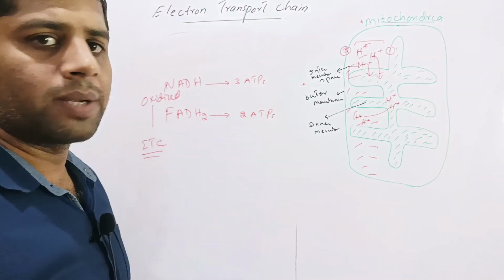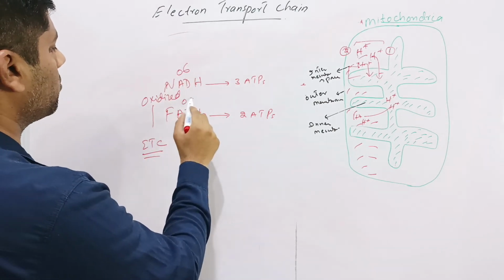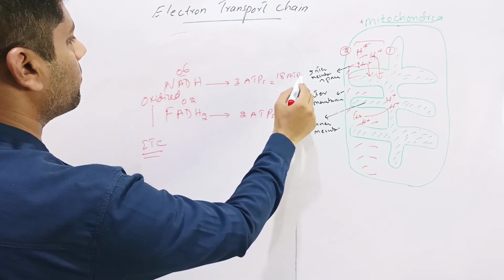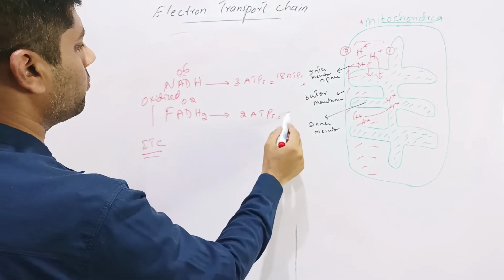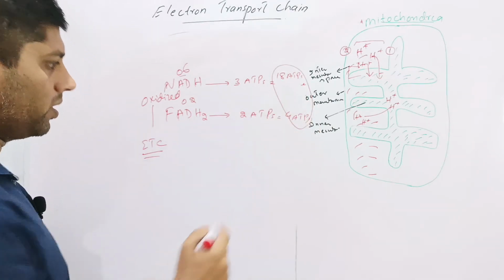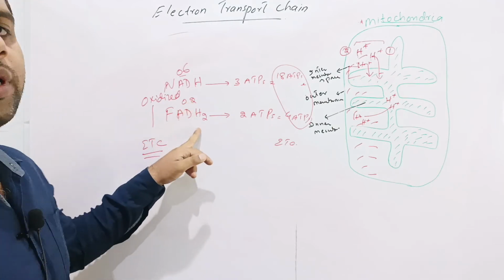So we know that during the Krebs cycle 6 NADH molecules and 2 FADH2 molecules are produced. If we multiply 6 by 3, it gives 18 ATPs, and FADH2 gives 4 ATPs. So these ATPs are released during the electron transport chain, which were stored in the NADH and FADH2 molecules.